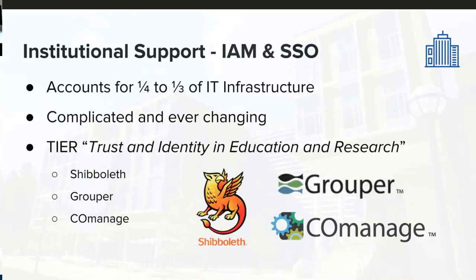When it comes to IAM and SSO, this tends to be a lot more complicated than people think, and tends to account for a quarter to a third of IT infrastructure and resources. This will make more sense when I rattle off some stats about the University of Michigan. We have 19 schools and colleges, 45,000 students, grads and undergrads, 8,000 faculty, 32,000 staff, not including 36,000 hospital staff.